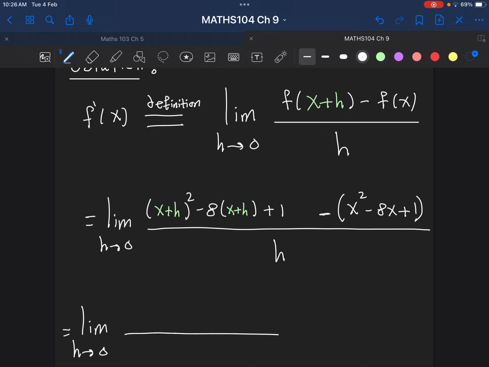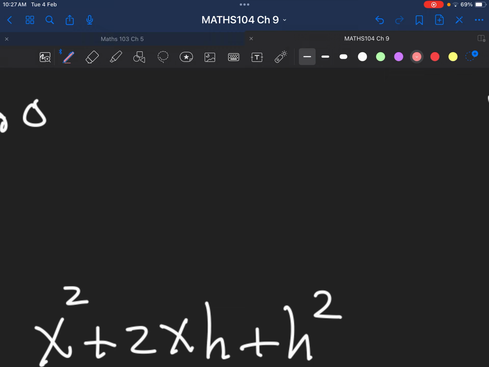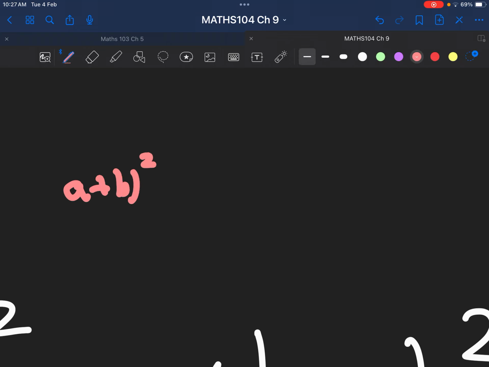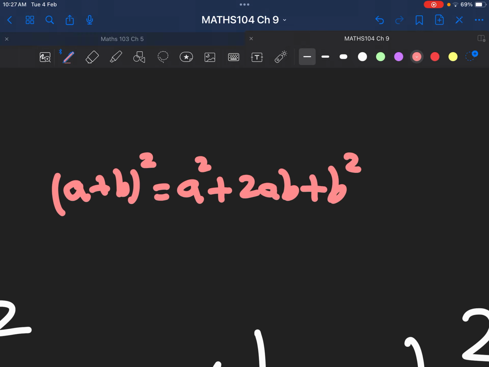So now, start with the first one. So, if we take x squared plus 2xh plus h squared. Why is that? If I zoom in, this is a plus b all squared equal a squared plus 2ab plus b squared.